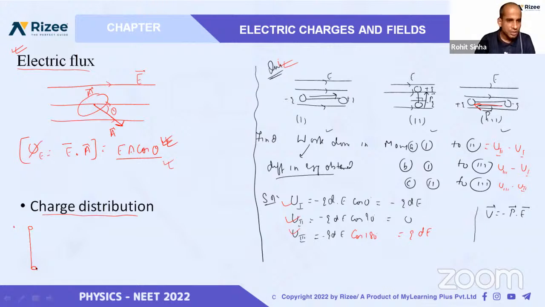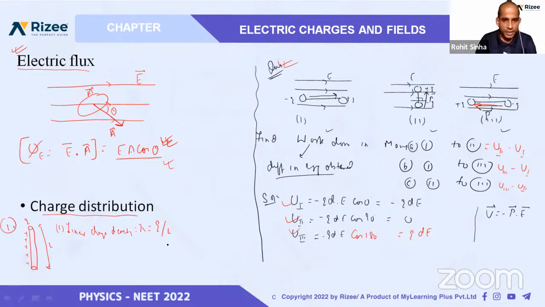If we have a linear charge distribution, a rod having charge plus Q like this, let us suppose it has charge Q and length L. We define this as linear charge density, and we define lambda is equal to Q by L for a system having a linear charge density.